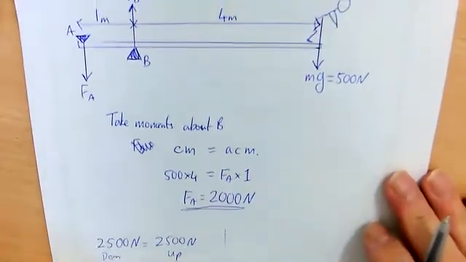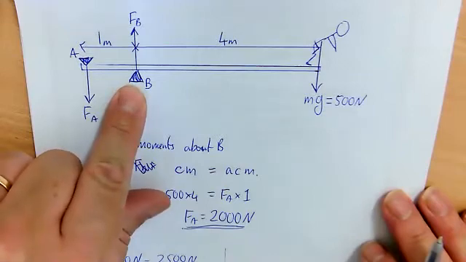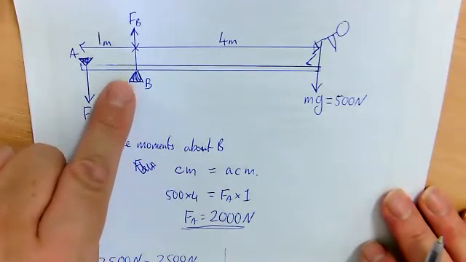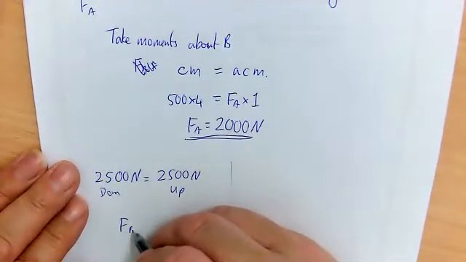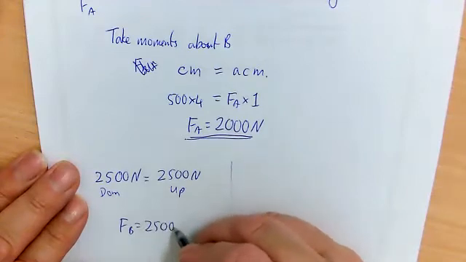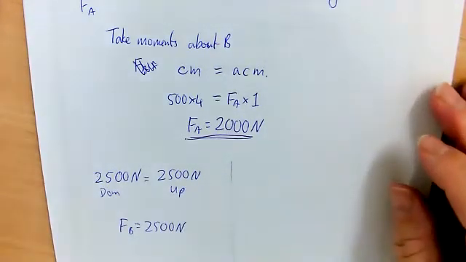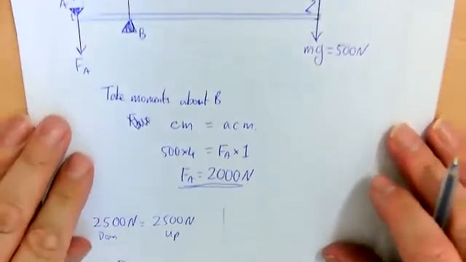And the only upwards force on here is from support B. So because that's the only upwards force, FB must be 2,500 newtons.